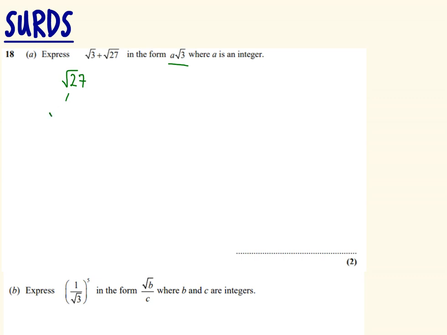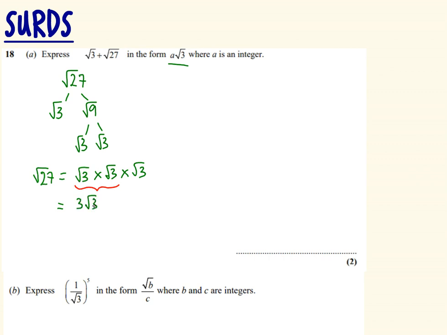Root 27 we can split into root 3 times root 9, and root 9 splits into root 3 times root 3. So we've got that root 27 is the same as root 3 times root 3 times root 3. We can pair up that pair of surds because root 3 times root 3 just gives us 3.